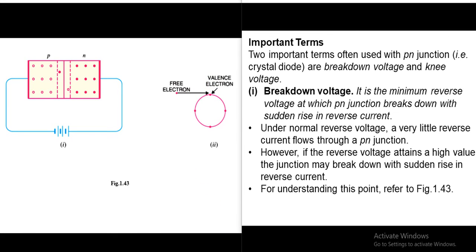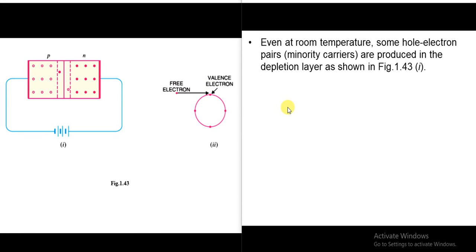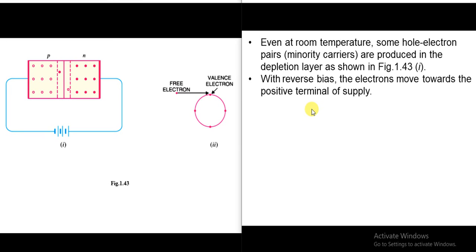Even at room temperature, hole and electron pairs are produced in the depletion region. Here, as we can see in the depletion region, electron hole pairs are generated. That is because of the minority carriers. The electrons will move towards the positive terminal of the battery and the holes will move towards the negative terminal of the battery.